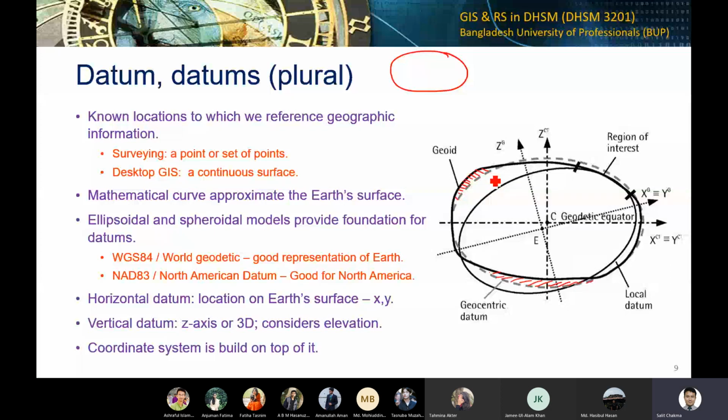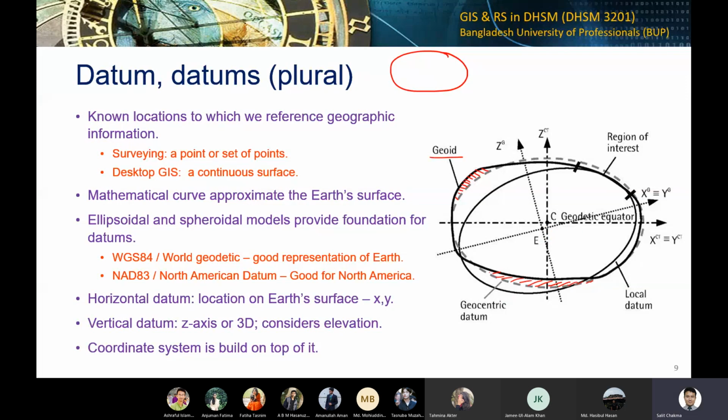So now, if we think about one coordinate system which is represented for the entire Earth, or the entire world, at that moment we consider the geoid, and based on the geoid we try to match a spheroid with the geoid as much as possible. This is known as a geocentric datum. Geo means Earth, and centric is the center.